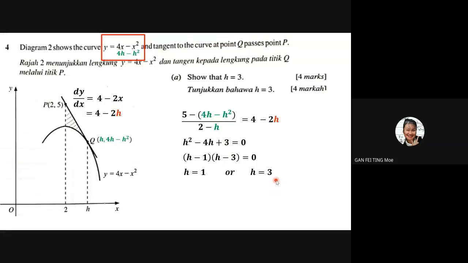Abigail, are you there, Abigail? Yes, teacher. Okay, tell me what the value of H of yours should be, 1 or 3? Which one do you choose, or you want to take both?